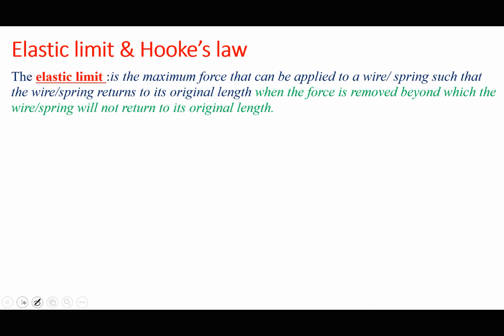We can explain it in terms of force as being the maximum force that can be applied onto a material, such that when the force is removed, the material goes back to its original length, or beyond which, when the force is removed, the material does not return to its original length. So that's going to be called the elastic limit.